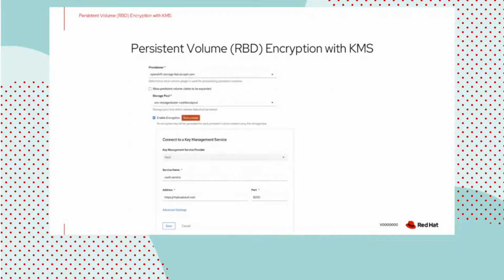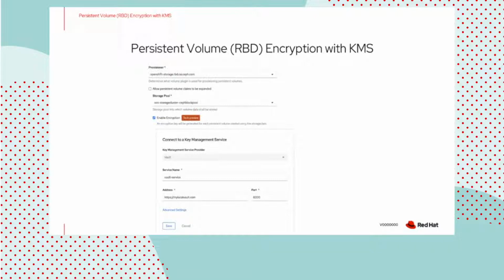Again, very simple. If you take a look at the screen here, you will see that when you create a storage class, you can simply enable encryption on the storage class level, provide the same information: the provider, the service name, the address, the port, and also the token.